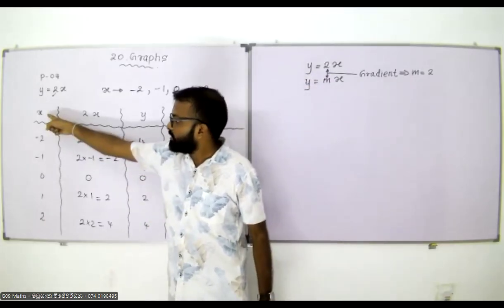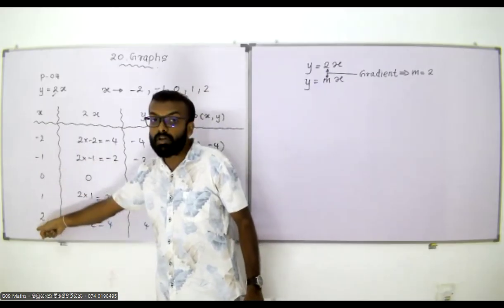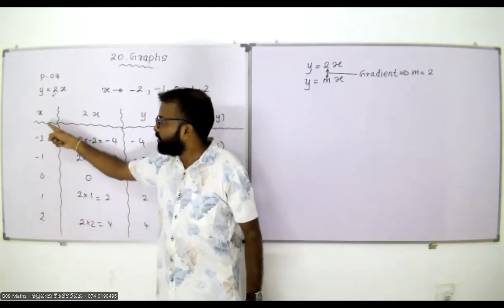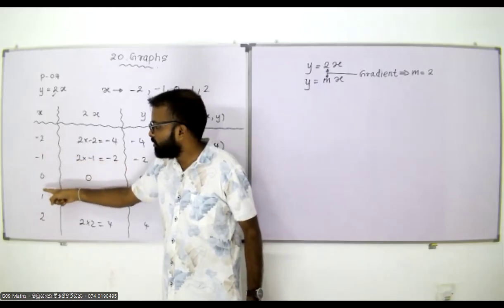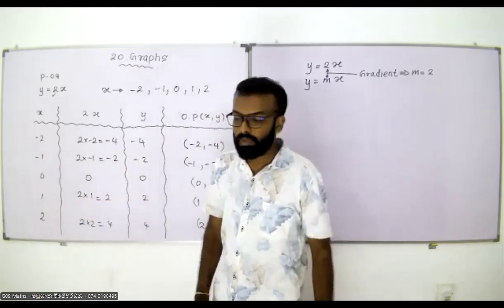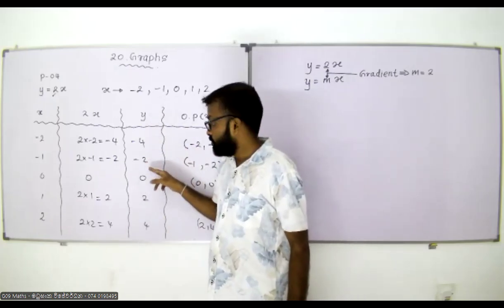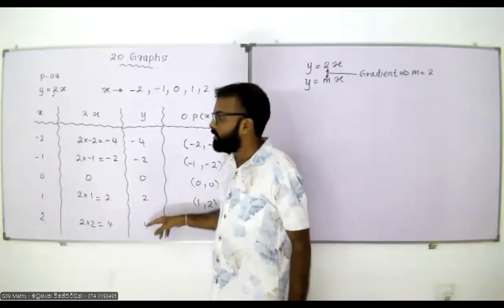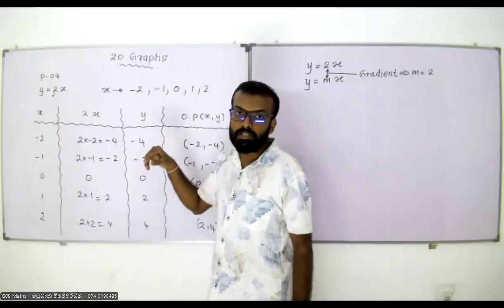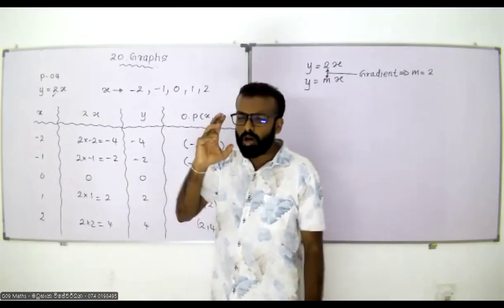When you refer to the x column you get the x value range: -2, -1, 0, 1 and 2, that is -2 to positive 2. The y value range is -4, -2, 0, 2 and 4, that is -4 to positive 4.